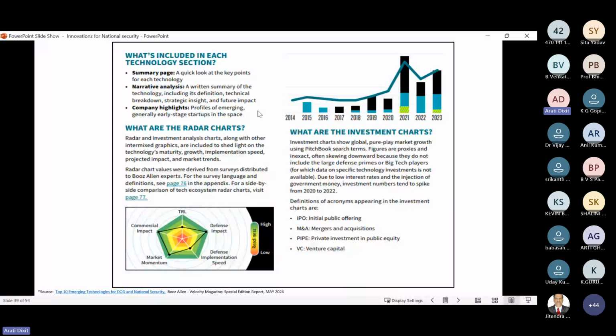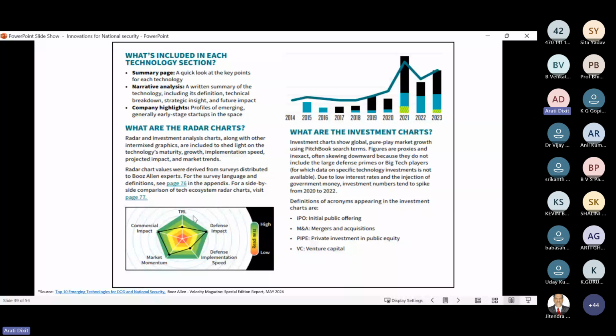Radar charts are basically Pentagon charts, not exactly Pentagon, but Pentagon charts with five things taken into account: the commercial impact, market momentum, defense implementation speed, defense impact, and TRL, technology readiness level.